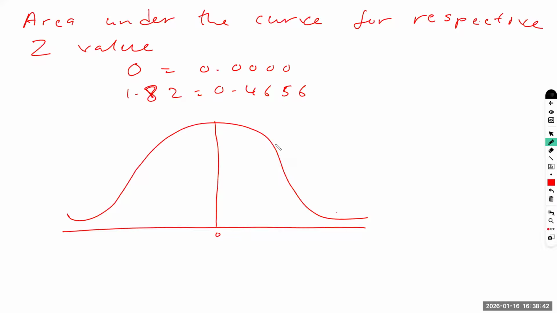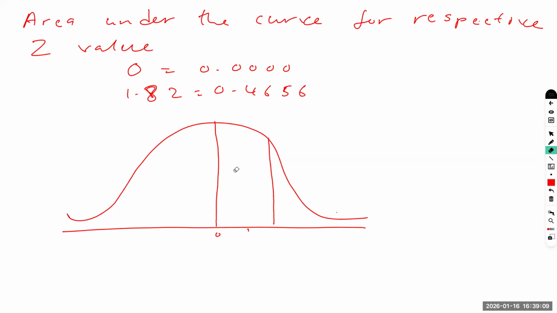And then 1.82, because it's not drawn to scale, maybe here is 1, maybe here is 2, in between the 1 and 2 I have 1.82. Please, I hope you're getting what I'm doing on the curve. So here is my 1.82.